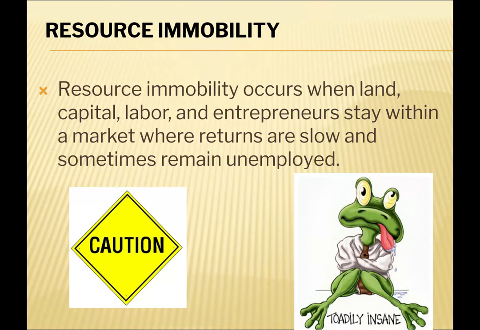Resource immobility. The thing I think about the most with this is going to be labor. So when workers, maybe they're laid off, and I always go back to the Indiana Anderson example, GM. Think about Anderson today in the present, and it's a struggling town.